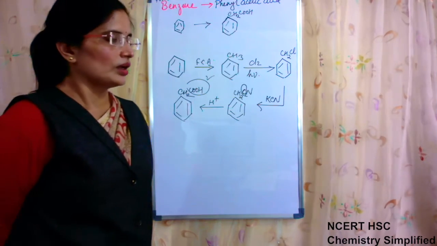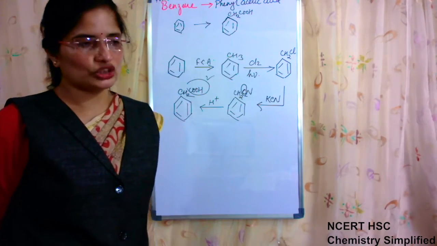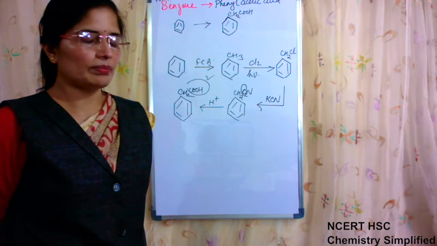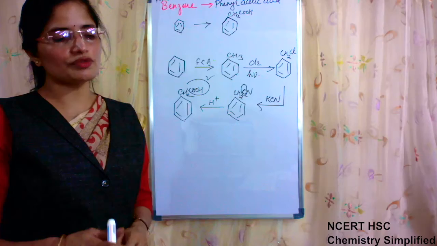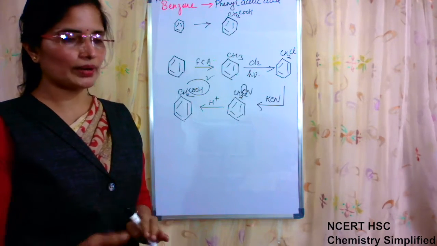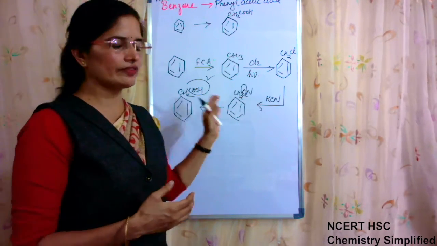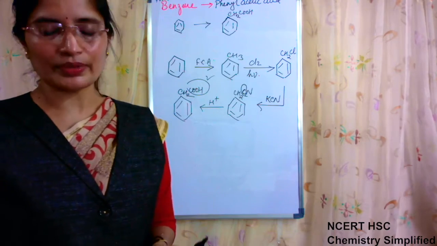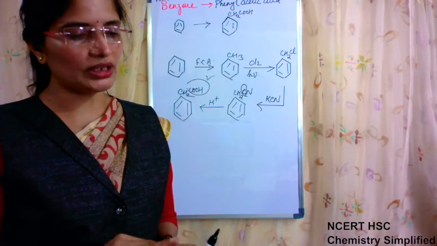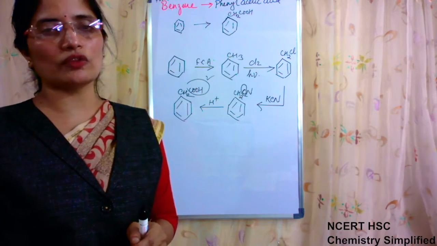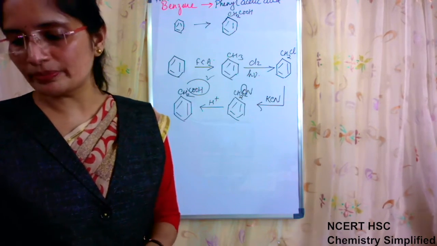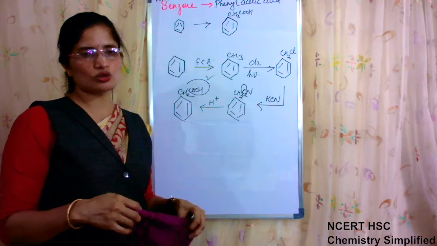Now, possibilities of questions. There are many conversions which are possible, but first practice those which are given in the book. Once you practice these again and again, then if something other than these conversions is asked, the track followed will always be the same. So you would be able to do those conversions also.